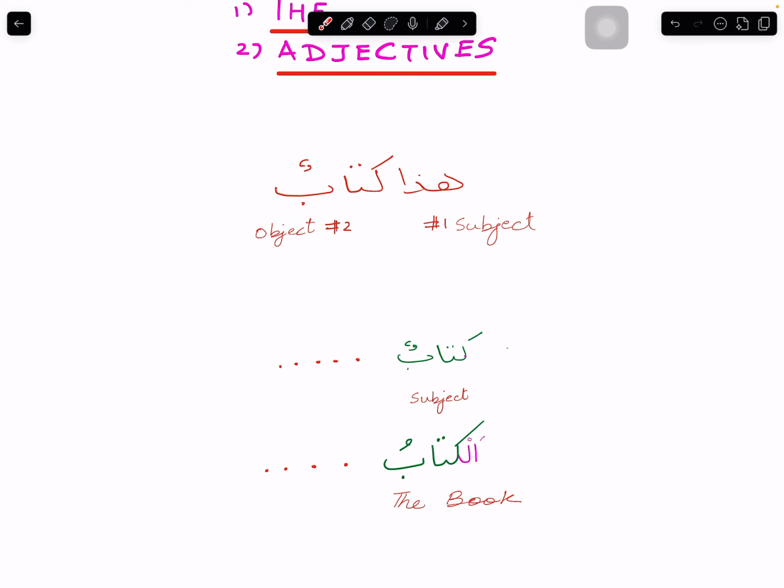All right. So in Arabic, when you say "the", you put al there. And you don't put it separately. You just join it with the noun or the subject. So al-kitab. Before it was kitabun. Now it becomes al-kitabu. Did you notice that?